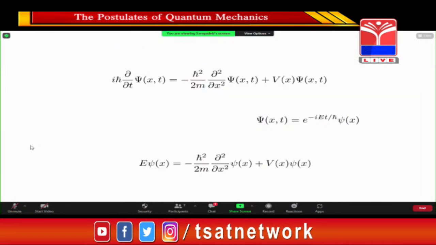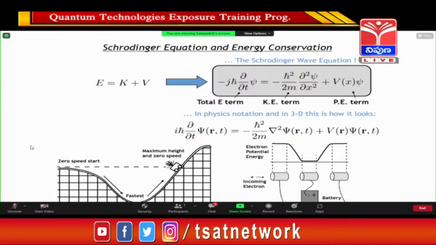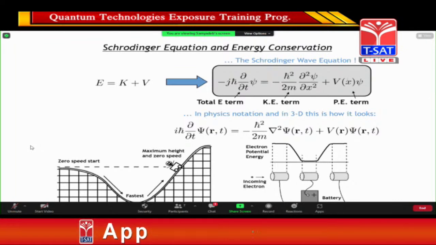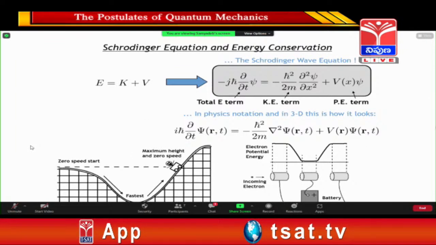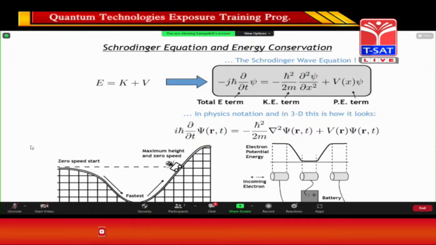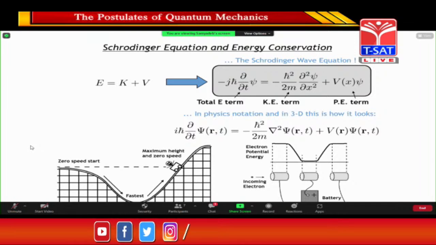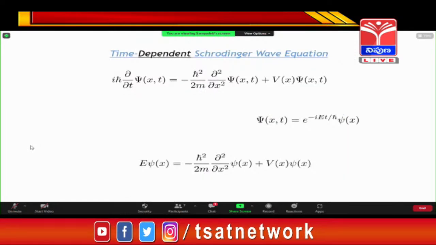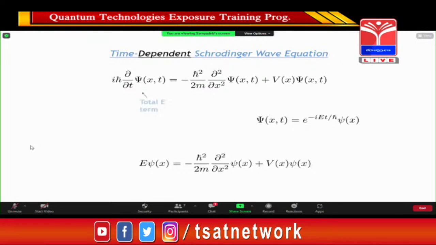So if we generalize it to 3 dimensions, this is the general 3-dimensional Schrodinger equation, named after the famous physicist Erwin Schrodinger, who first discovered this equation. So there is the time dependent part.